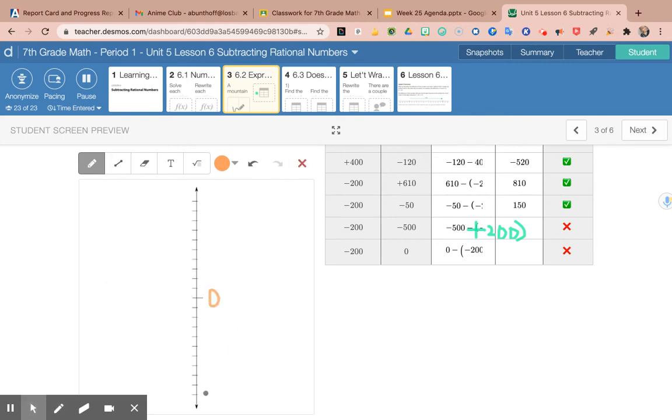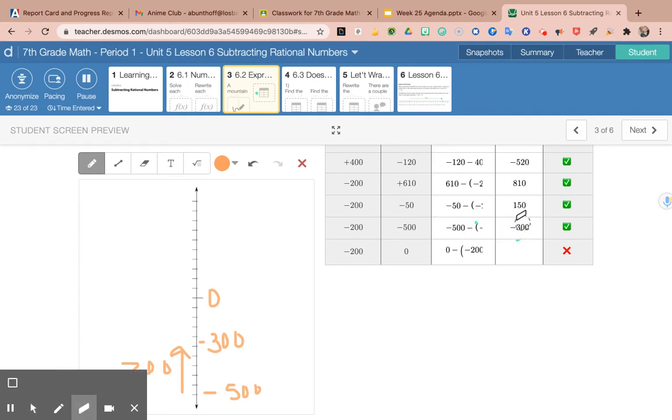If I start at negative 500, remember I'm starting at the first number, and I add 200, which means I'm going to go up 200. I'll still be in the negatives, but I'll be a little closer to 0. How much closer? I'll be 200 closer, so I must be at negative 300. So 500 take away 200. I'm still in the negatives, but now I'm at negative 300. So I would just type in negative 300.